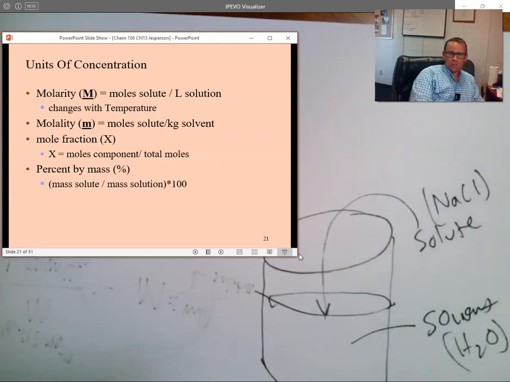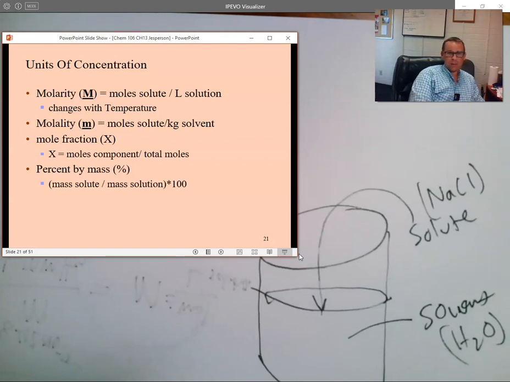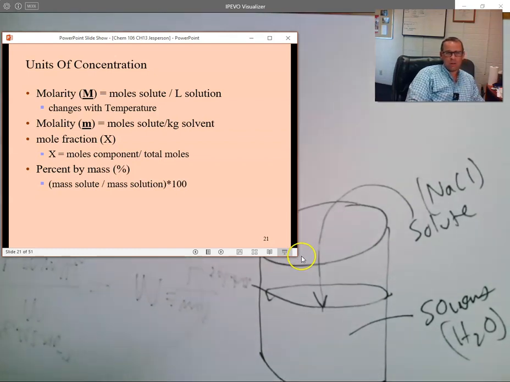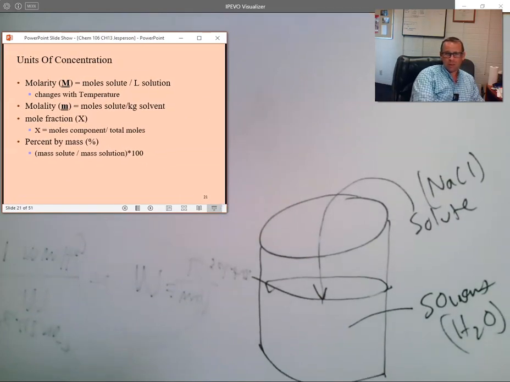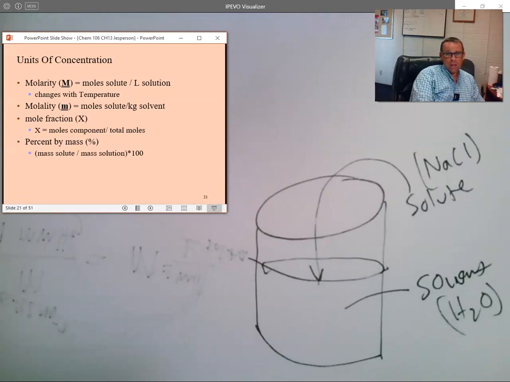But this isn't the only kind of solution that can exist. Air is an example of a common solution that people sometimes draw on to talk about to make sure people have a more fundamental understanding of solutions. Air is a mixture of nitrogen, oxygen, and a little tiny bit of carbon dioxide.